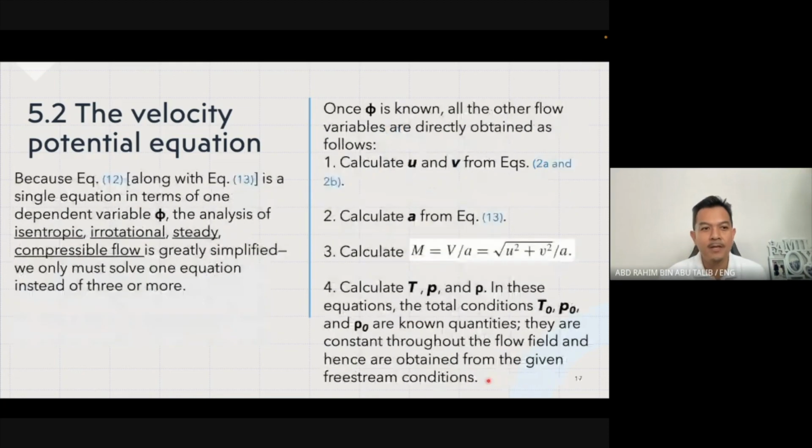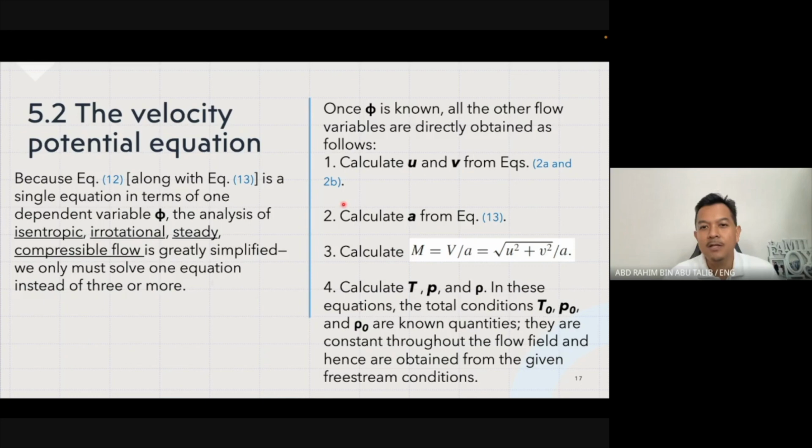Because equation 12 along with equation 13 is a single equation in terms of one dependent variable, the velocity potential phi, the analysis of isentropic, irrotational, steady, compressible flow is greatly simplified. We only must solve one equation instead of three or more.